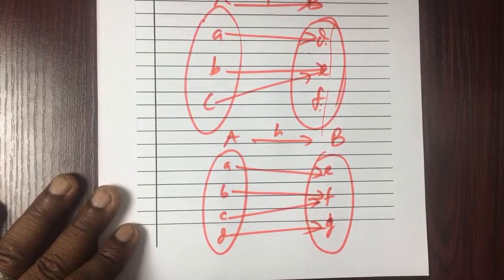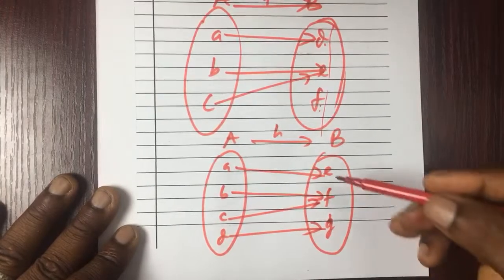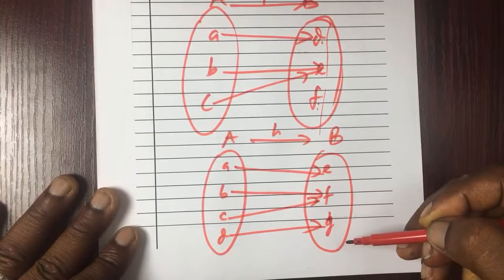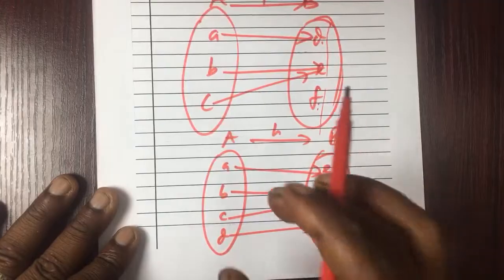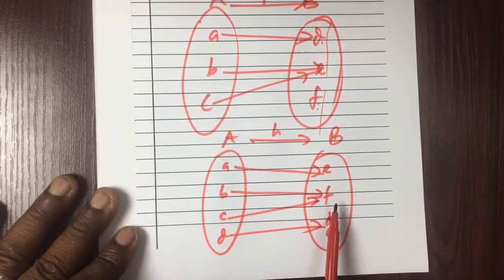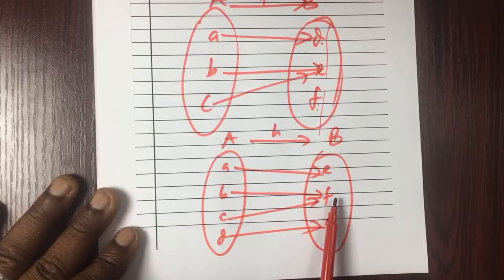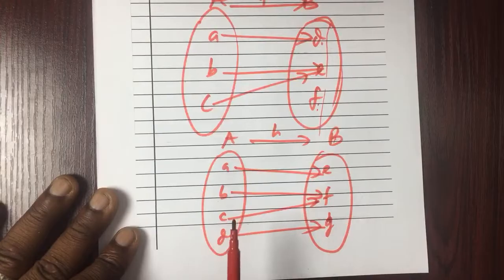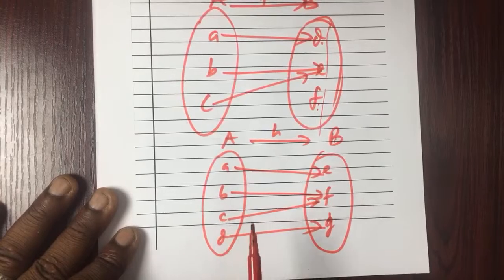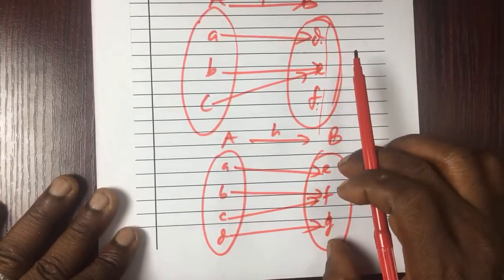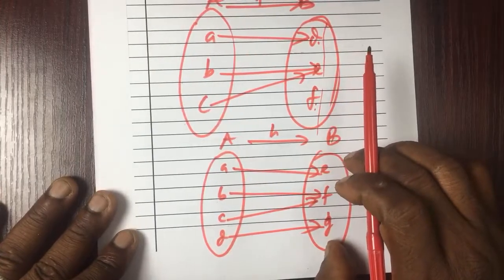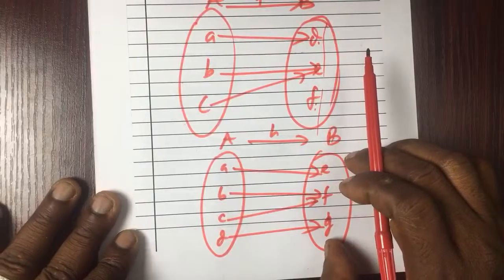It is onto because every element in the codomain, while satisfying the uniqueness property, is an image of at least one element in the domain. You will notice that F, an element in the codomain, is an image of B and C, at least one element, that is one or more. So if every element in your codomain is an image of at least one element in the domain, then that kind of mapping is an onto mapping.